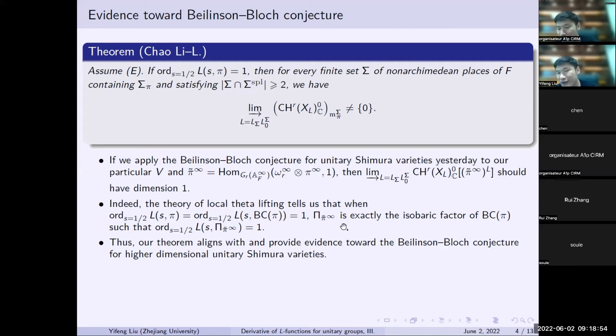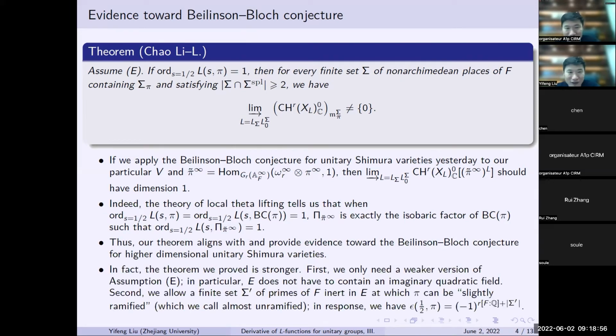So that's three remarks. The last remark: in fact, the theorem we proved is stronger. First, we only need a weaker version of assumption E. In particular, we don't really require E to contain an imaginary quadratic field. There is a weaker assumption, but it is much more technical, so I would rather state this stronger but simpler assumption.